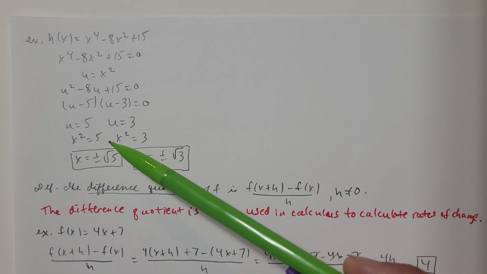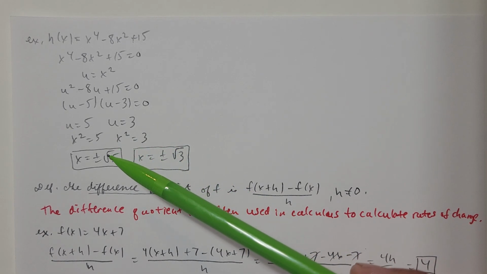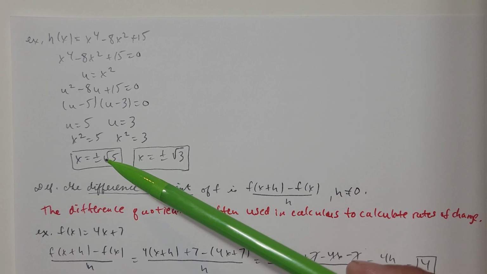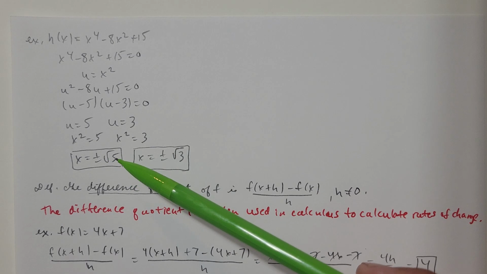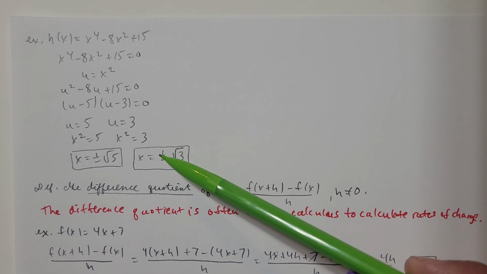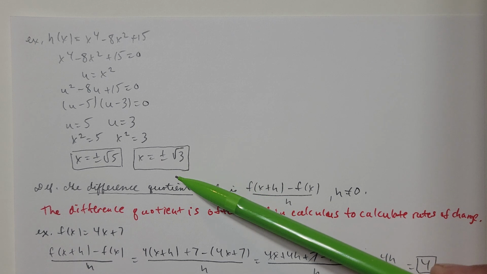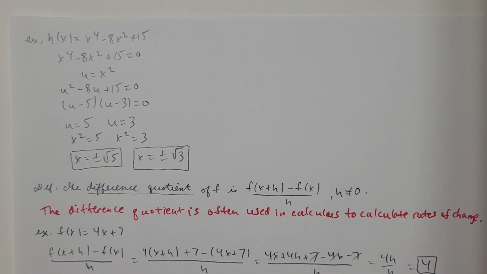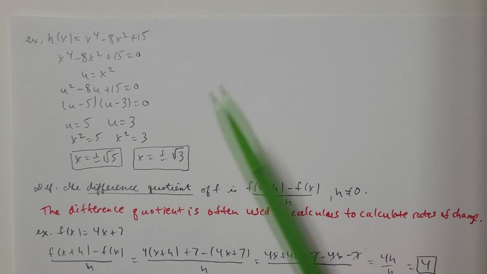If x squared is 5 and I take the square root of both sides, x would be plus or minus, don't forget about that, plus or minus root 5. And then x squared equals 3 means that x is plus or minus root 3. So in all, I have 4 zeros. They are root 5, negative root 5, root 3, and negative root 3. Those are the 4 answers.